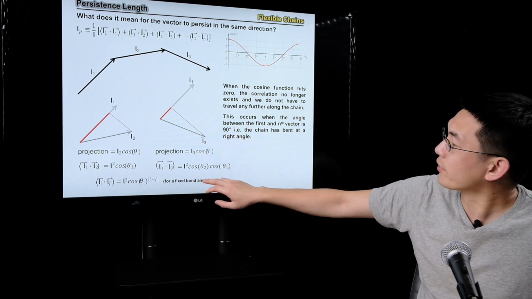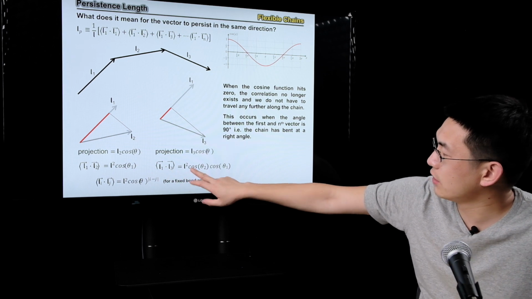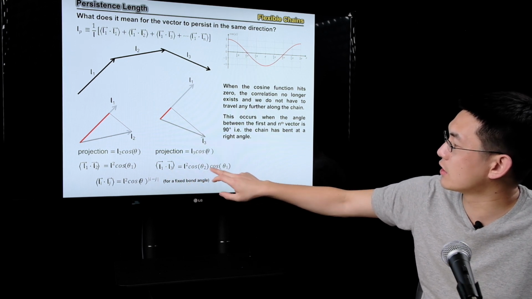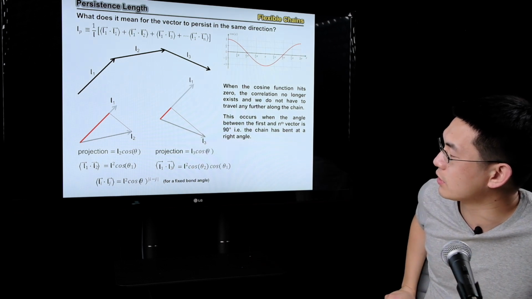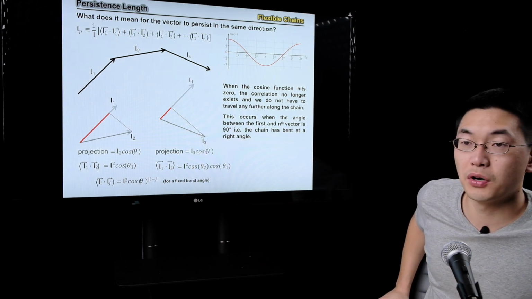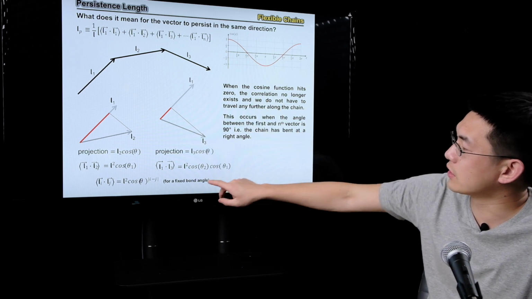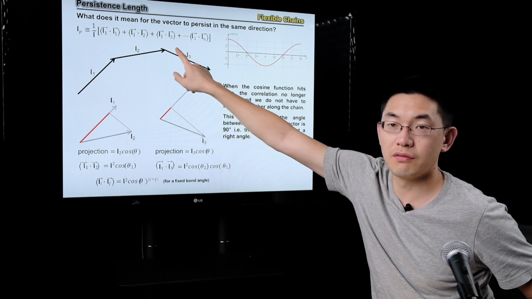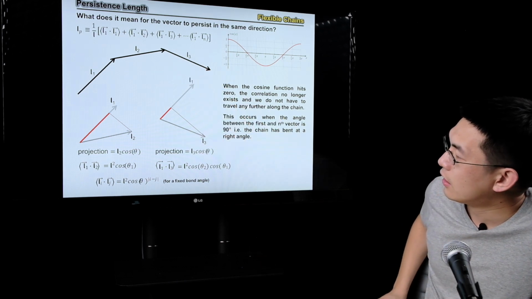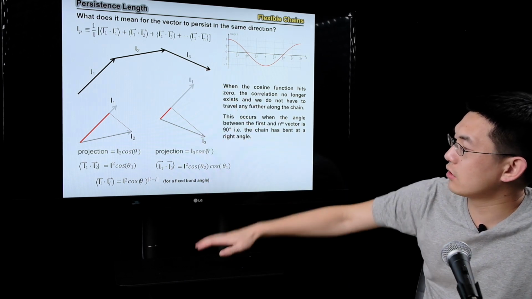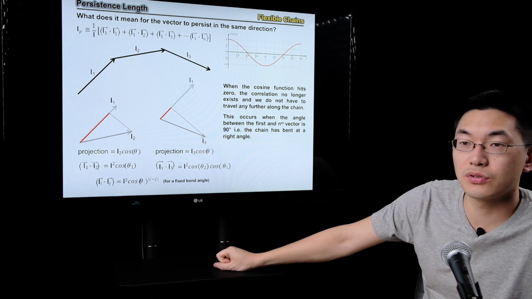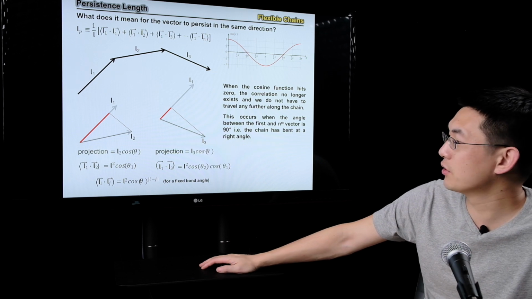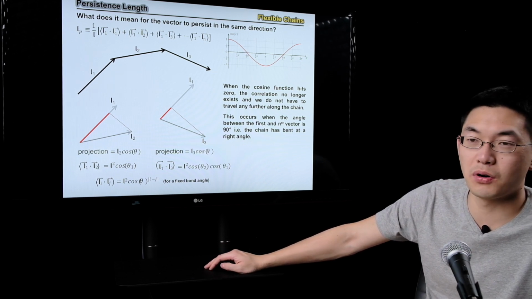In this case, L1 dot L3 will be equal to L squared cosine theta 1 cosine theta 2. Theta 1 and theta 2 are defined as the bond angles between different bonds. The L1 and L2 bond angle is defined as theta 1, and the L2, L3 bond angle is defined as theta 2. Okay, so what we can get here is now Li dot Lj for a fixed bond angle.